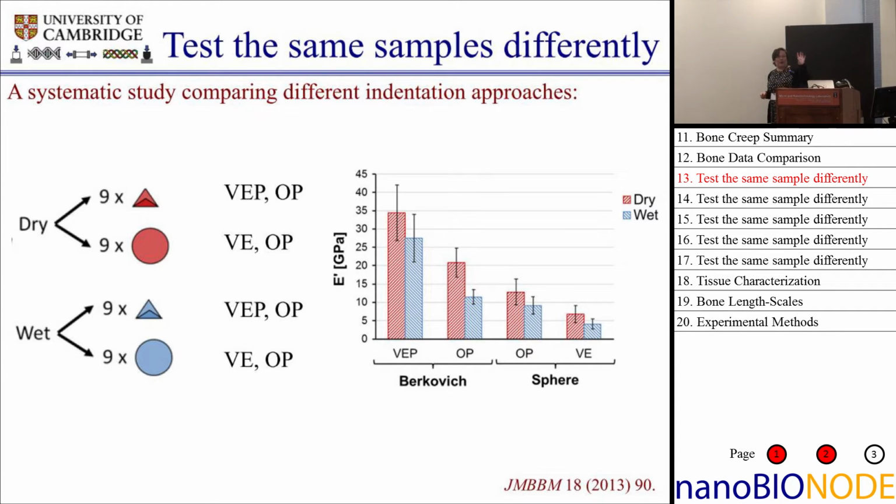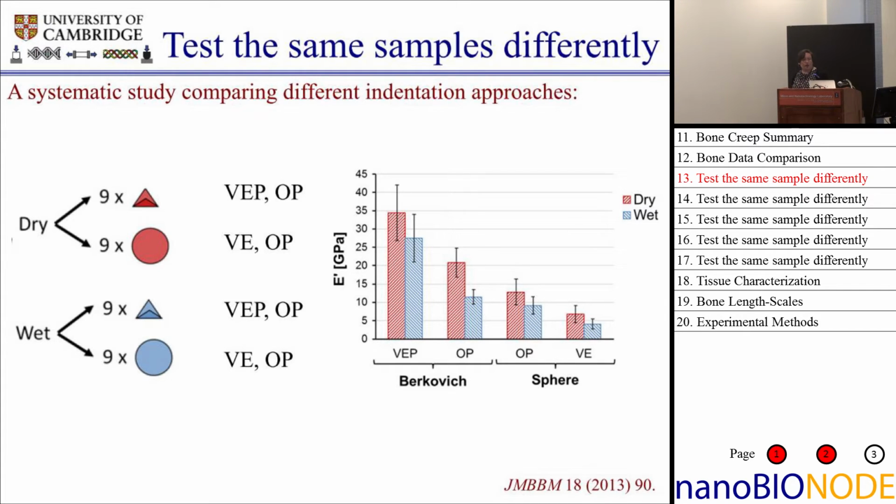So the big differences between our Berkovich data and our spherical data, especially for the viscoelastic case, you see this order of magnitude difference in analyzing the same data taken on the same bone samples. Now, thing number one that's interesting is that dry bone is always stiffer than wet bone, and it's only by a little bit, and we'll come back to look at that a little bit more. But we see this systematic marching down as we change the data analysis and as we change the contact conditions, and this is really interesting to us.